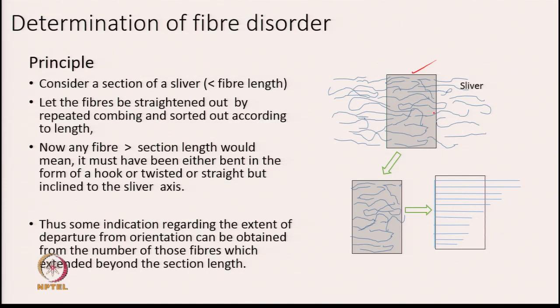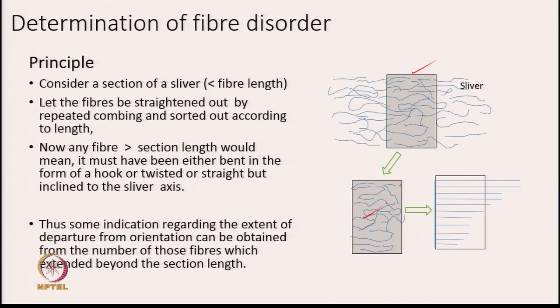Now, let the fibers be straightened out by repeated combing and sorted according to length. From this zone, we take out the fibers, and we see that the fibers within this zone have different configurations.